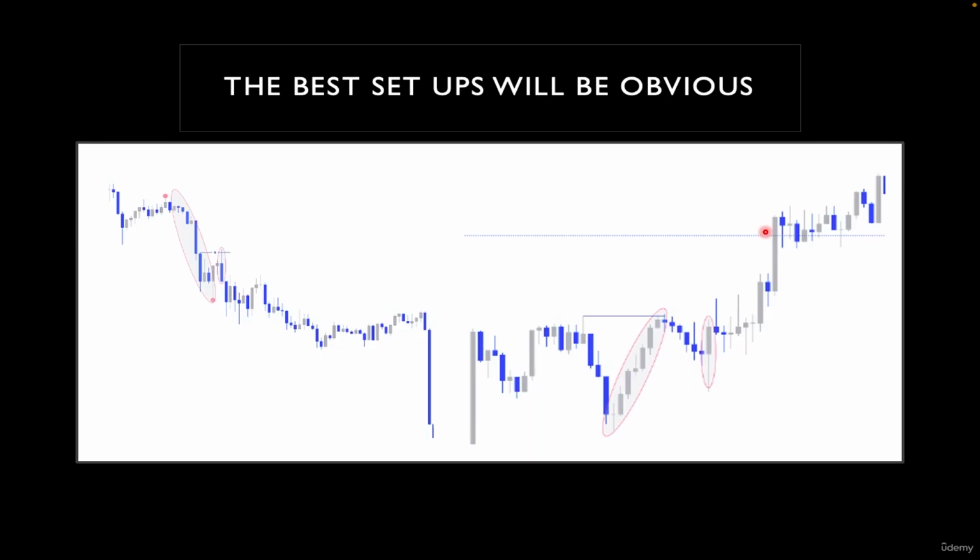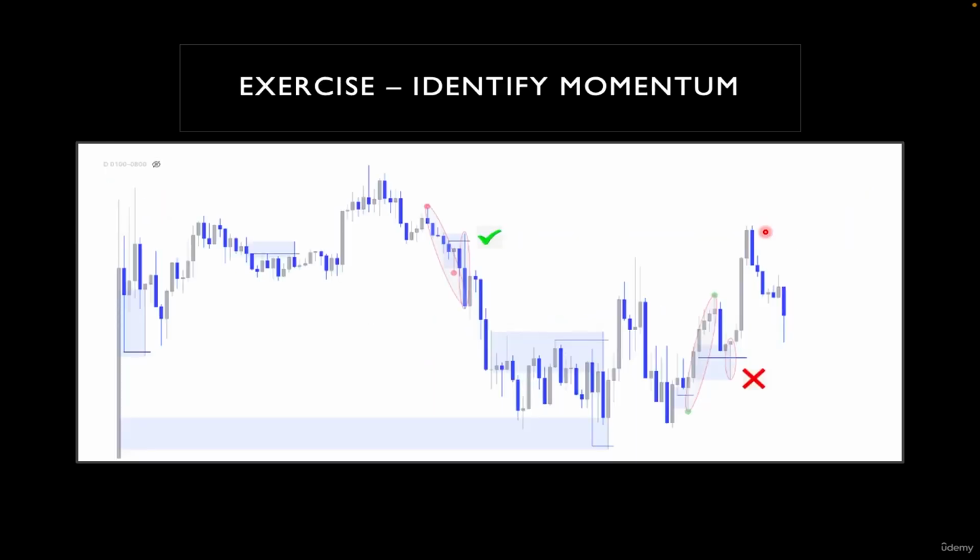Trigger candle sweep, direction, position, momentum, and traffic. If I was to prioritize any of them, obviously it would be trigger candle and direction, and then equally would be momentum as our number 3. So I want you to just do an exercise.